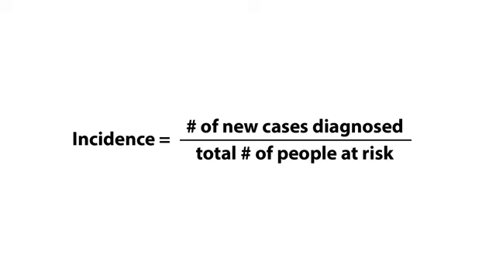So, to calculate incidence, you take the total number of new cases diagnosed over a given period of time, and you divide it by the total number of individuals at risk for the illness during that time period. So, incidence is concerned with the new cases, and prevalence is concerned with the total ongoing cases, old or new.